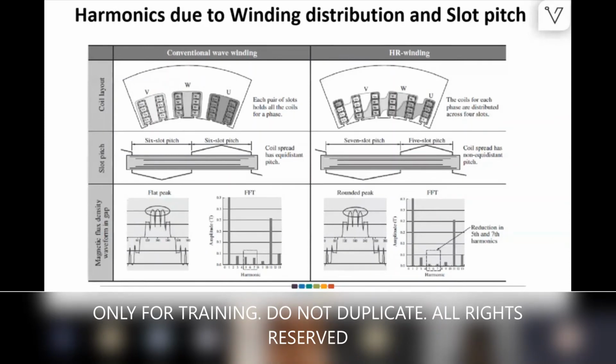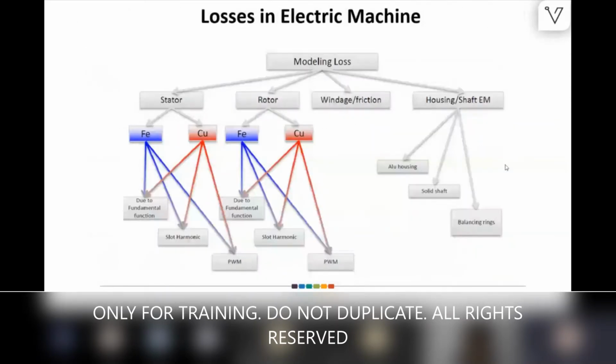Some harmonics may disappear. These harmonics are not only a loss, they also give a lot of low level pulsation in the torque. So this is something we will be focusing on more when we talk about the machine or inverter.